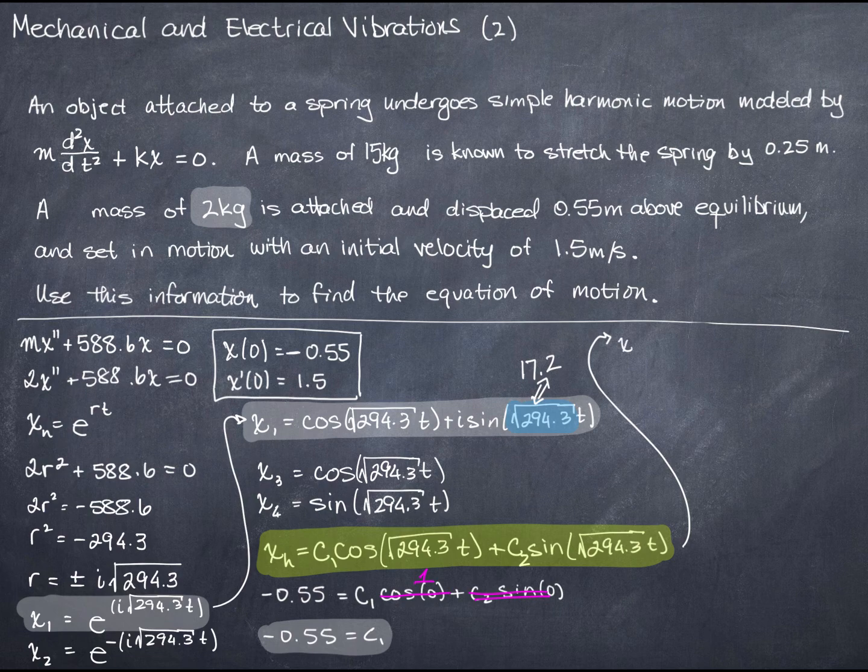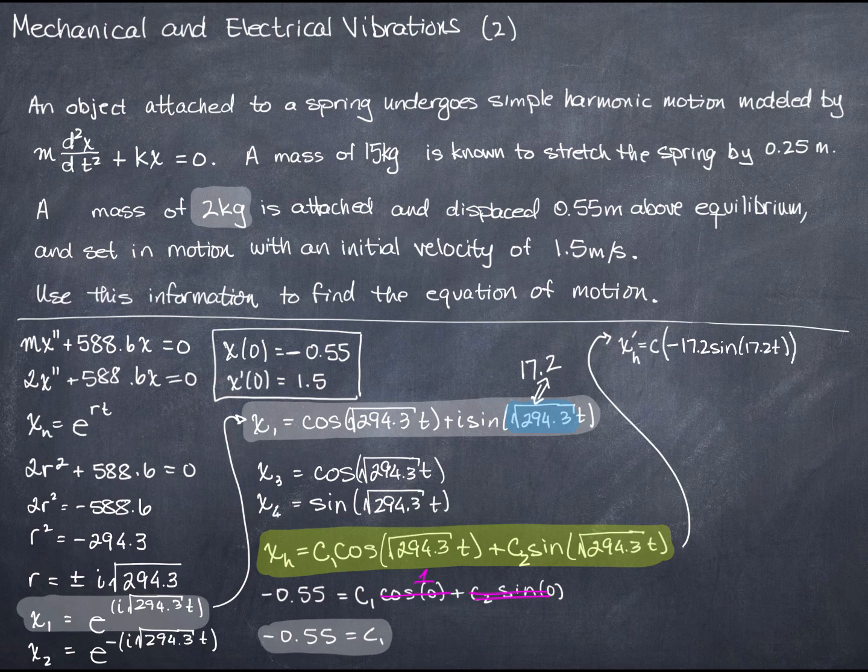So I have x sub h prime is equal to C1 times the derivative of this cosine. I'm taking the derivative of this function here. So I have C1 times the derivative of cosine, which is negative sine, so I'm going to get negative 17.2 times the sine of 17.2t.